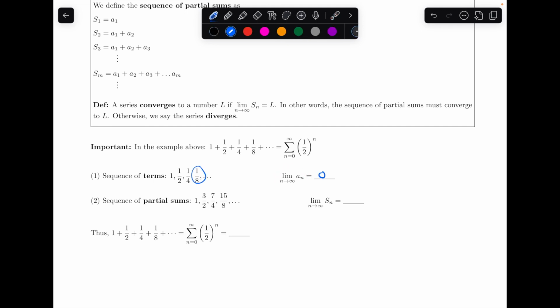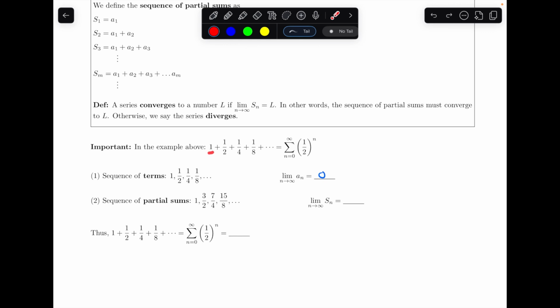These individual terms are getting closer and closer to 0. Eventually the terms that I'm adding up are just really, really small. And conceptually, because the terms I'm adding up are eventually so small, that opens up the possibility that the whole sum could be finite. To figure out what it adds up to, I'm looking at the partial sums.